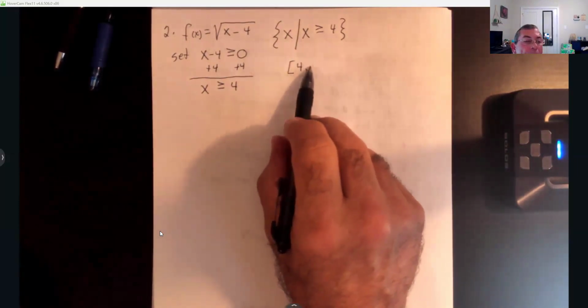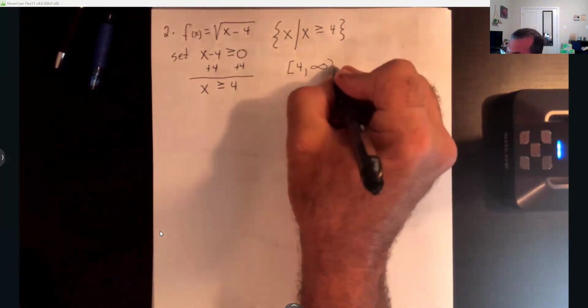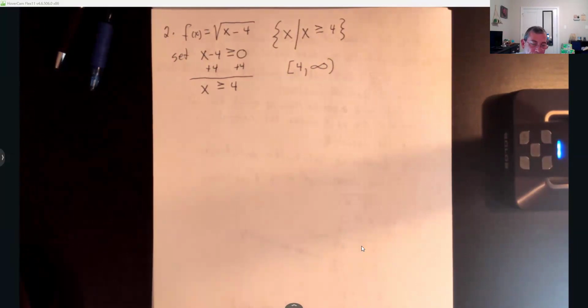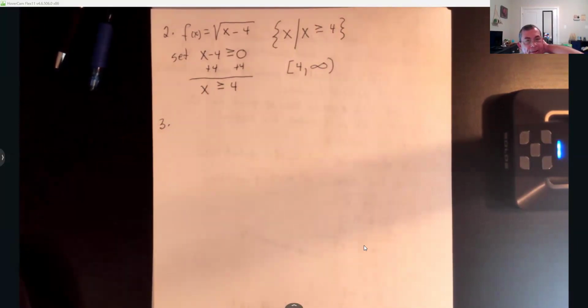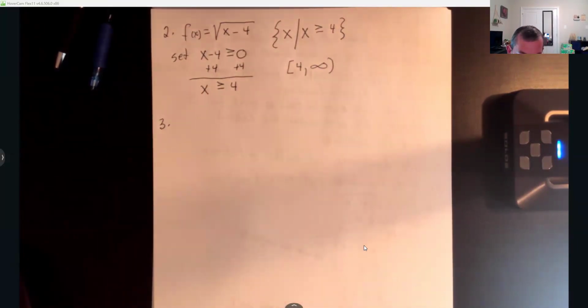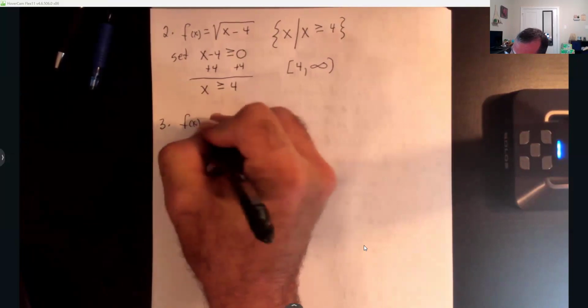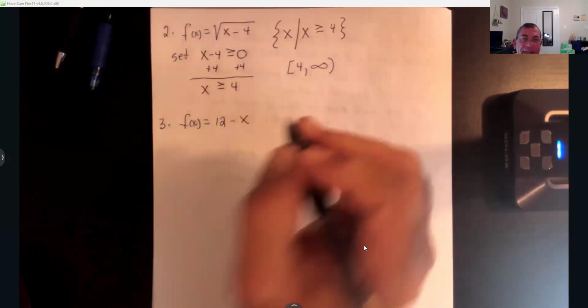And from 4, greater than would head towards positive infinity, okay? All right, so on this one, y'all tell me the domain here, okay? So this third one is f of x equals 12 minus x.